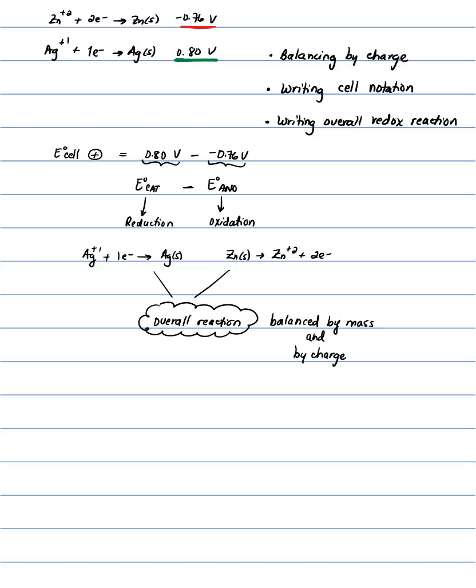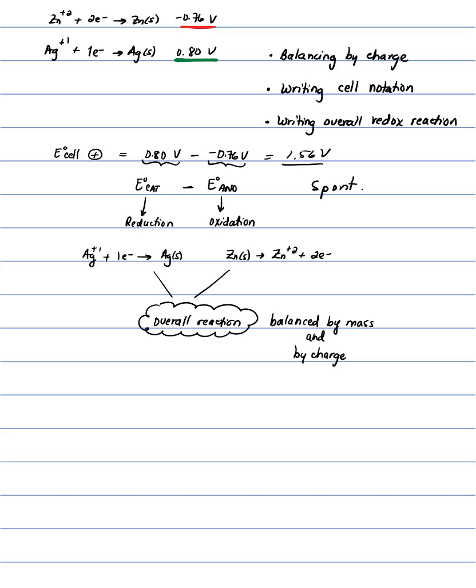We already did the calculation to get the potential for the cell when you combine your two half reactions. We have that number, 1.56 volts, as a positive number because this represents a spontaneous reaction.